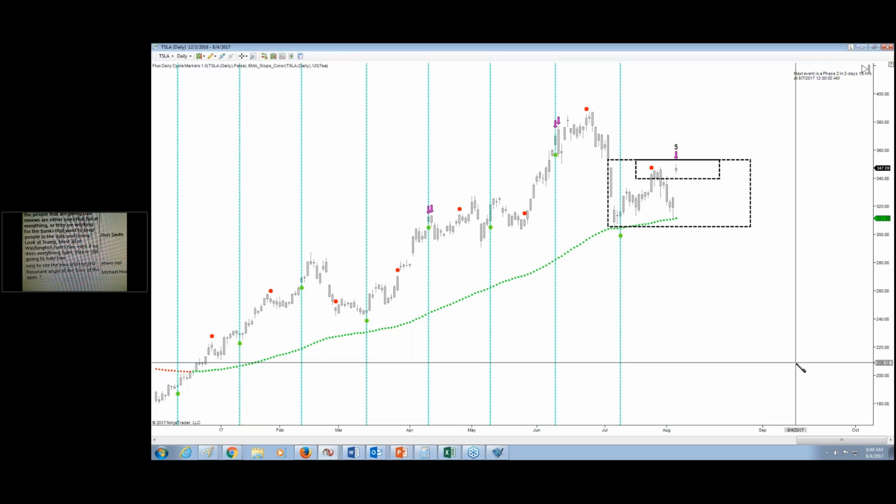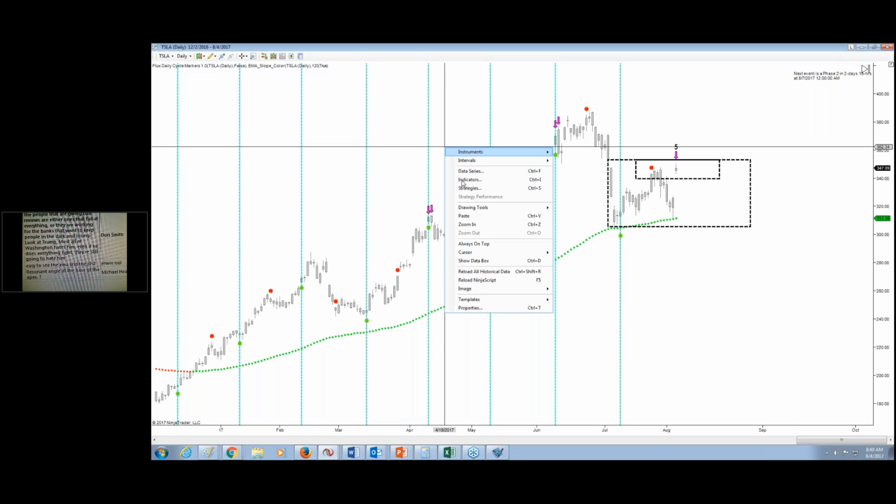Okay, so we've got that information. Tesla does not go down when there is a phase 2 in play.